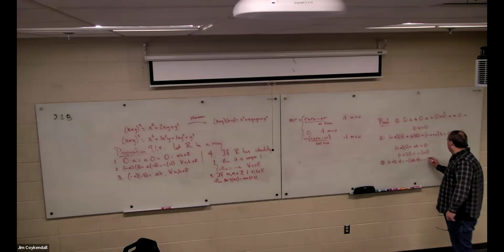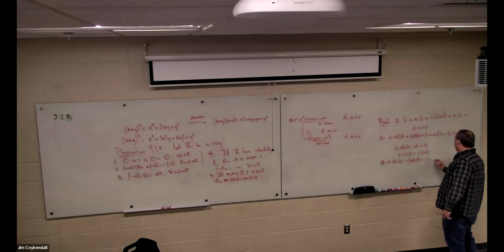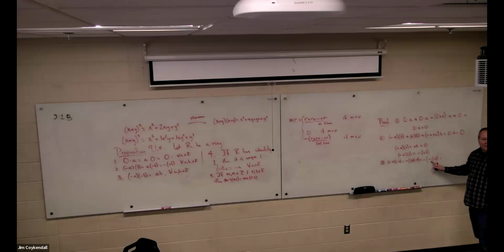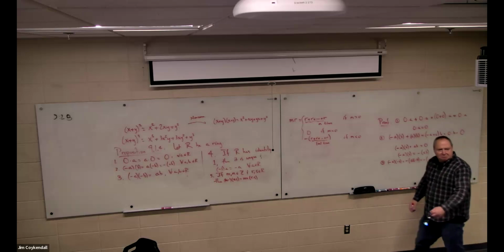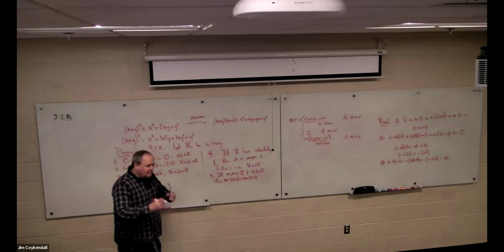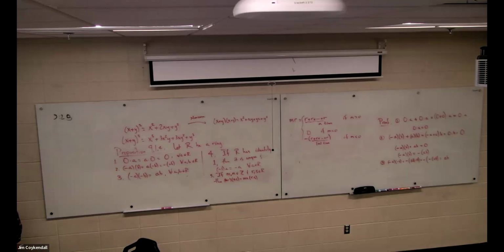And again, using the previous one, this is negative AB. So this is AB's additive inverse, which is AB. I'll let you see if you can get through 4 and 5. They're not too difficult, and they're fun. Any questions so far?